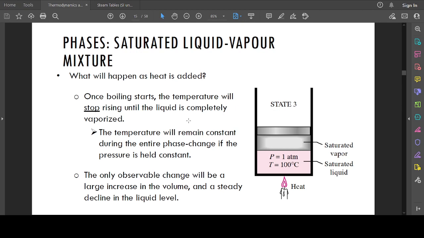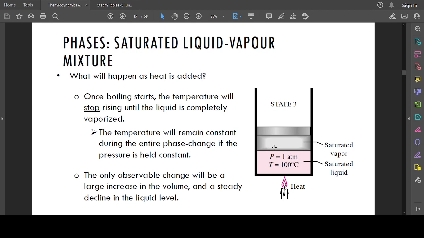Now, when the temperature remains constant at 100 degrees C and the pressure remains constant, what happens? The changes in the system will be a large increase in the volume and a steady decline in the liquid level. So some amount of the liquid water, which is denoted in the color pink here, will evaporate, and the volume of the system, the piston, increases.